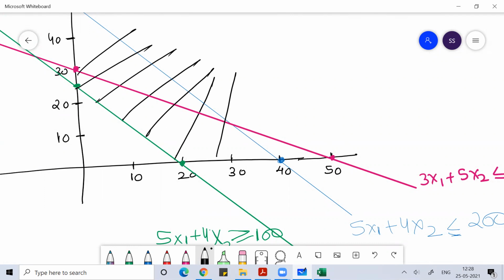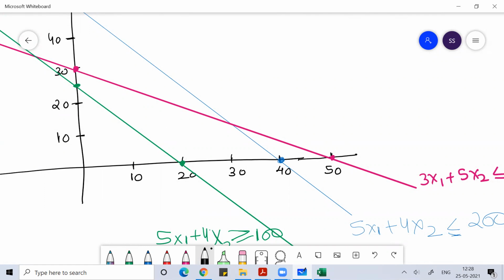Now the area which is common between the three lines is this area. I hope you understood.